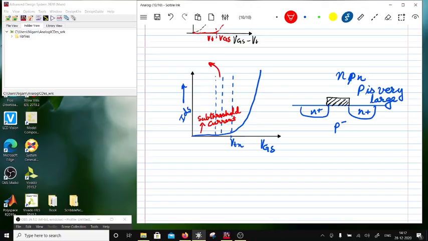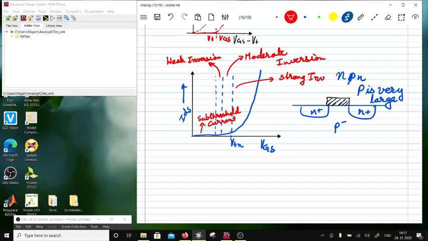One would be weak inversion, the other one will be moderate inversion, and yet another would be once you have crossed this, a strong inversion.